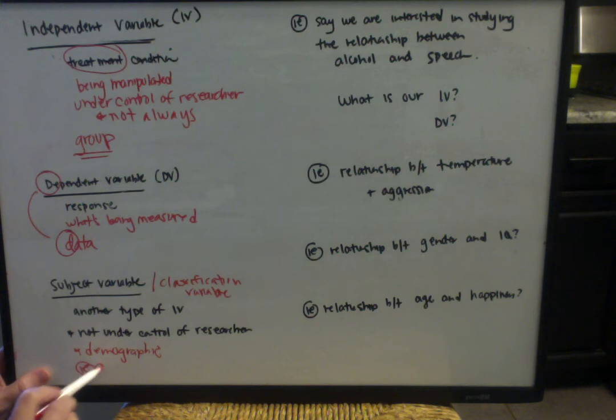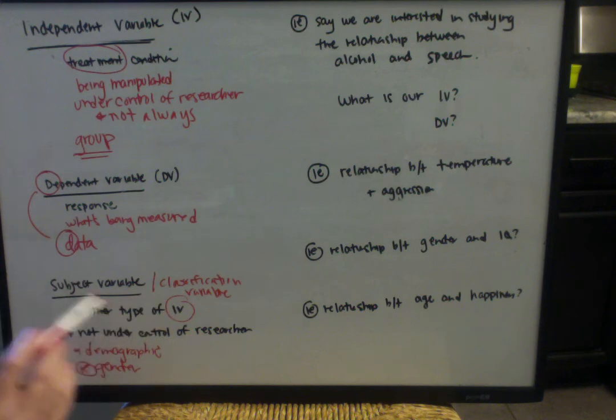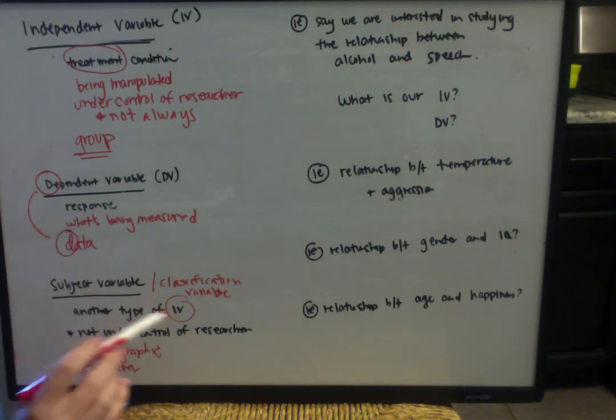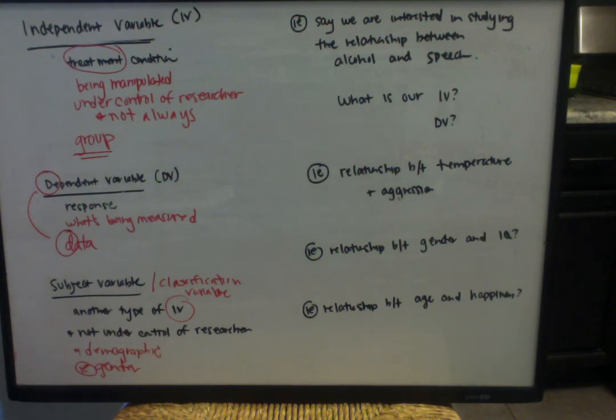An example of this would be gender. A subject variable is a subcategory of independent variables. But again, it's not something that we can control. It's typically something that has to do with the subjects themselves. So it's their gender, their year in school, their religion, their ethnicity, etc.